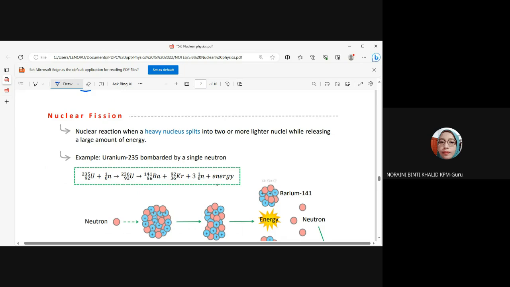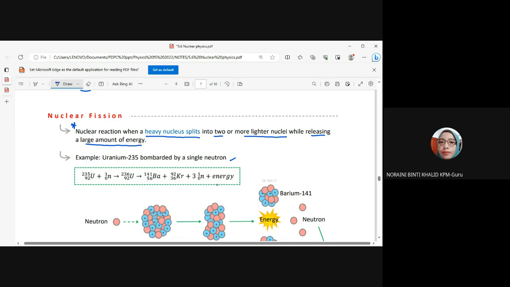Okay, nuclear reaction when heavy nucleus splits into two or more lighter nuclei while releasing large amount of energy. Kena memorize. Example, uranium-235 bombarded by single neutron.